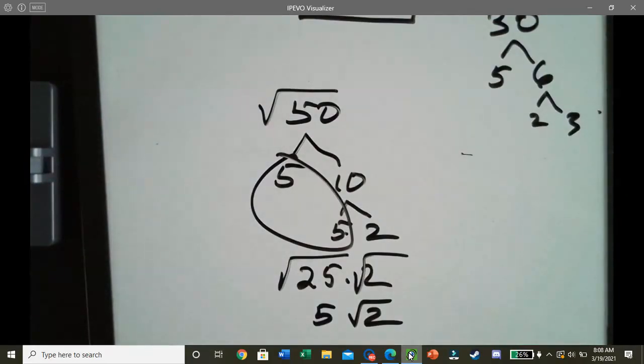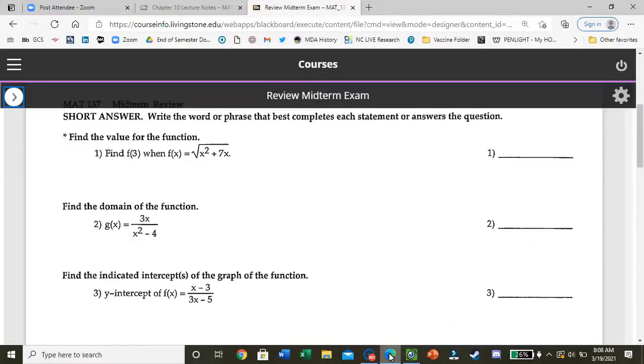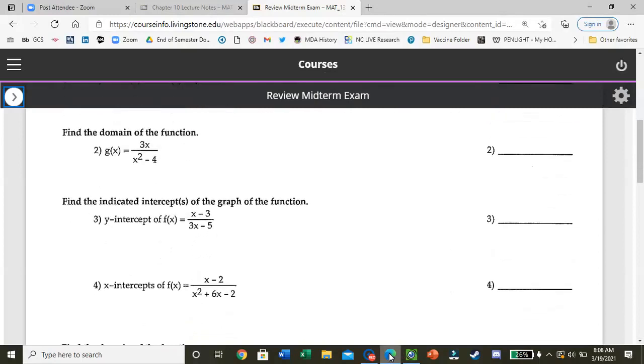All right, any other questions there? Okay, so that's that one. All right, number 2, find the domain of a function. Let's go over domain real quick.